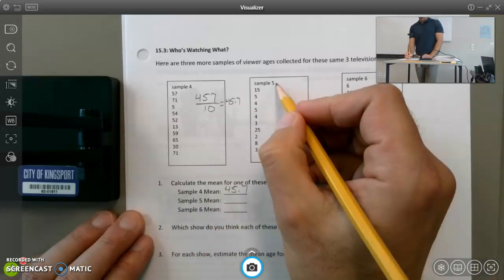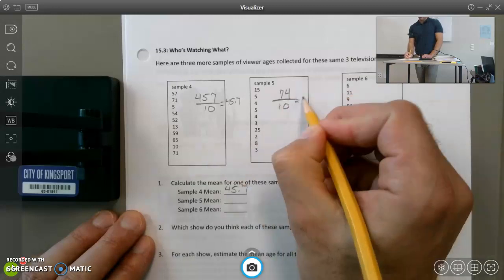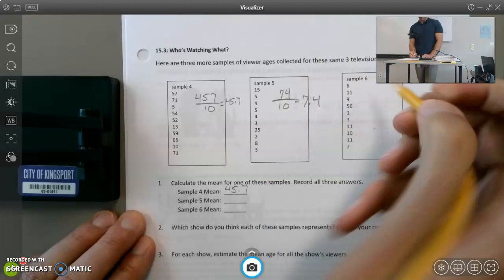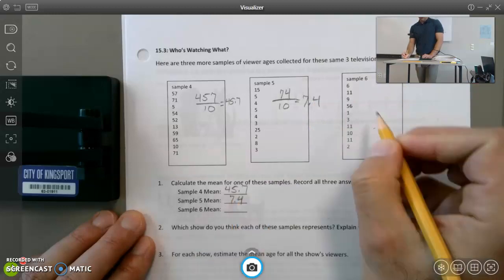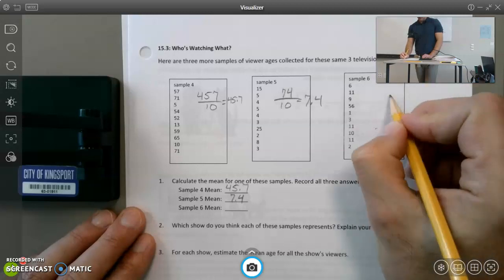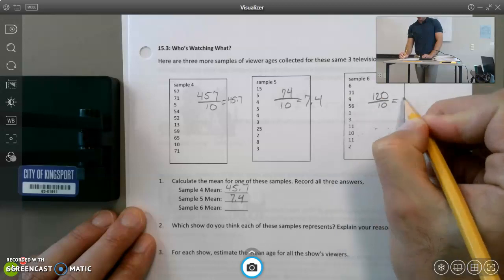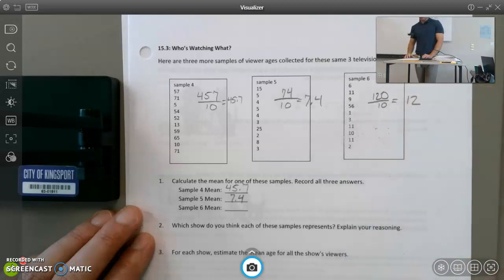Sample 5 adds up to an age of 74. Divide that by 10, and that is an average age of 7.4. And sample 6 is 120 divided by 10, which gives me an average age of 12.